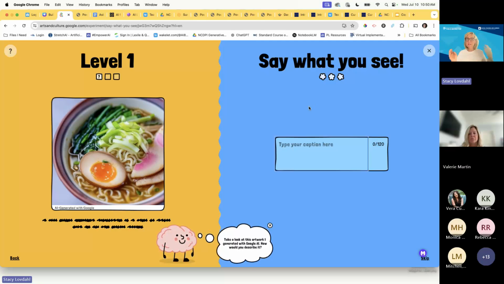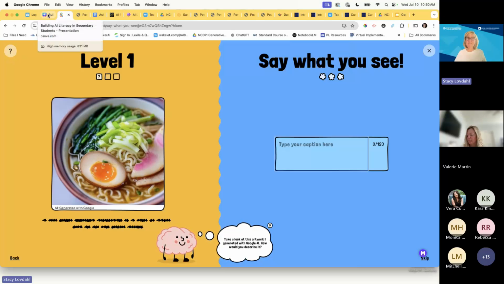To advance to level 2, you have to get at least 3 checks in your box, and I think you have to get above 50%. It's just paying attention to detail and getting it to be as close as possible. So it's a lot of fun, unless you're bad at it and you get frustrated.